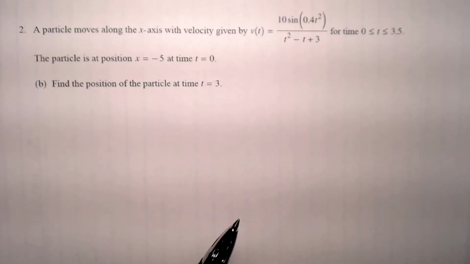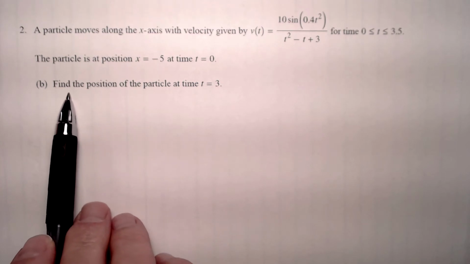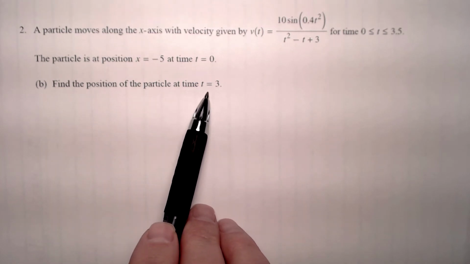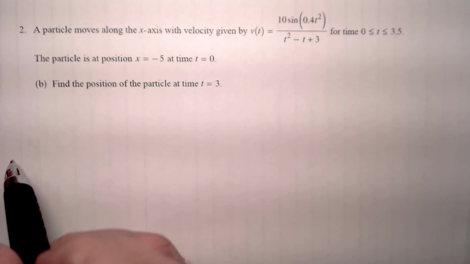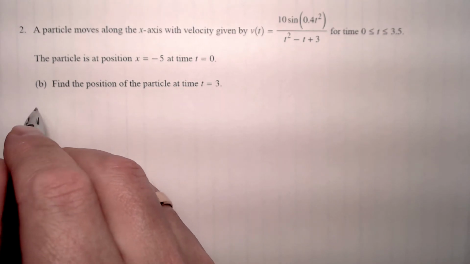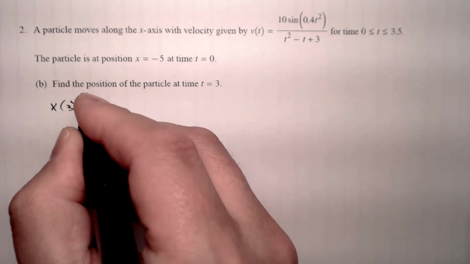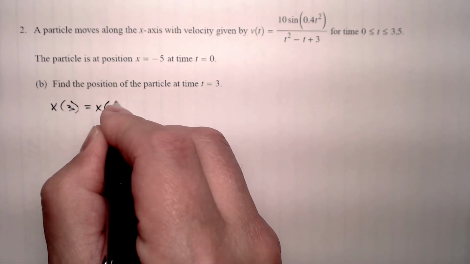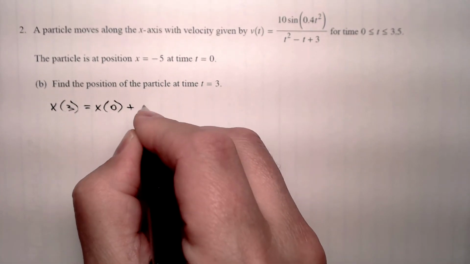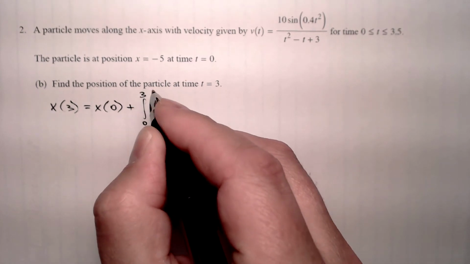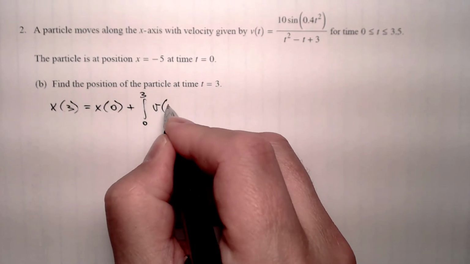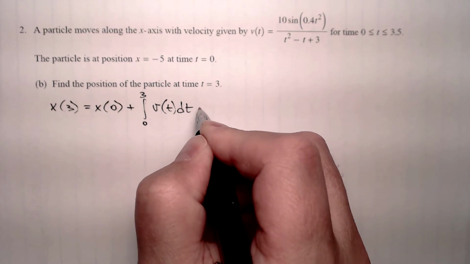So in this part of the question, we are being asked to find the position of the particle at time t equals 3. And so what is that position? Let's denote it x of 3 is equal to position at time 0 plus integral from 0 to 3 of v of t dt.